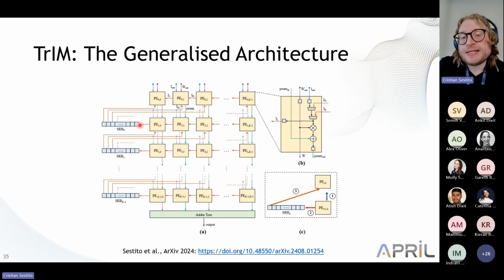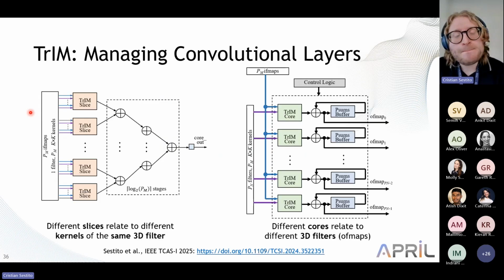So instead of a single register, we have a shift register buffer that depends on the feature map size and on the kernel size. The other types of movement are kept in the same way that we described before. As you can see in figure C, I have summarized the triangularity of the movement that gives the name to TRIM, Triangular Input Movement Systolic Array.